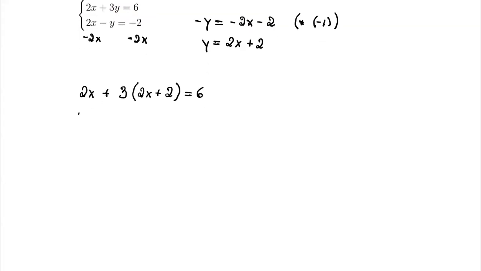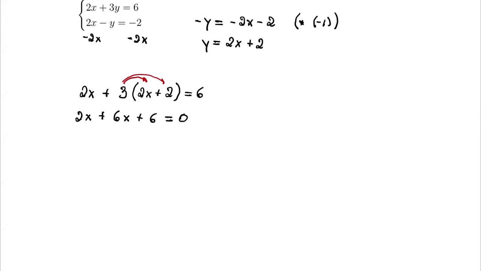Distribute 3, so you get 2x plus, we multiply 3 times 2x here, and 3 times 2 here. Turns to be 6x plus 6.